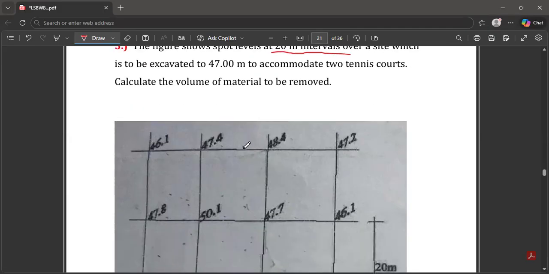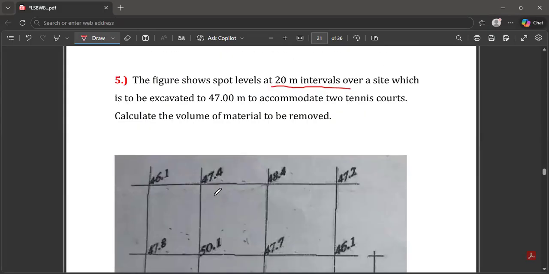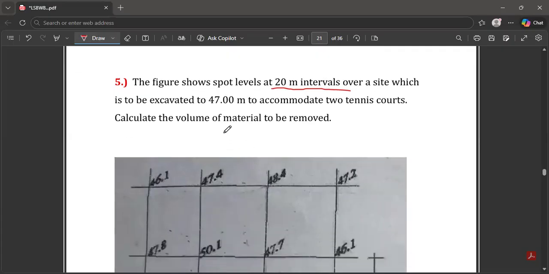Okay, let's see how we're going to go about this question. First of all, we have to analyze the question, and part of analyzing the question is being able to resolve it better. The figure shows a spot level at 20-meter intervals over a site which is to be excavated at 47 meters to accommodate 2 tennis courts.